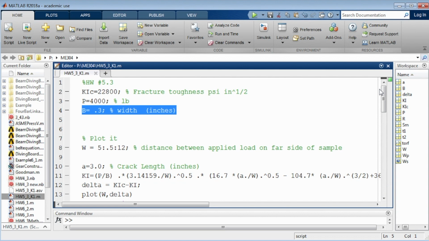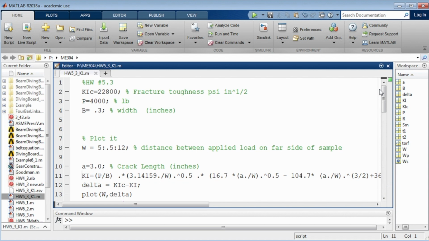And I took some trial and error to come down to 0.3 inches. But technically the width could be anything. And then the parameter that I wanted to vary was W. So I created a vector array that goes between 5 and 12 in 0.5 increments.